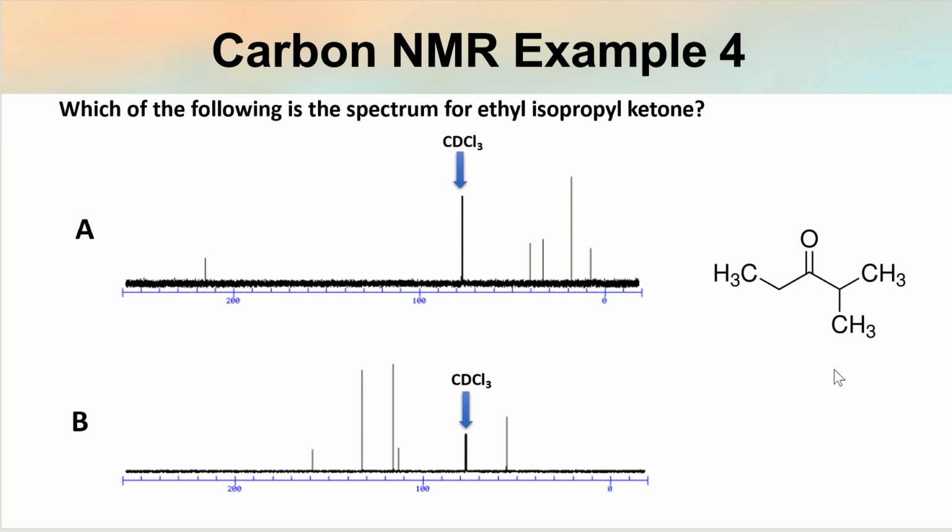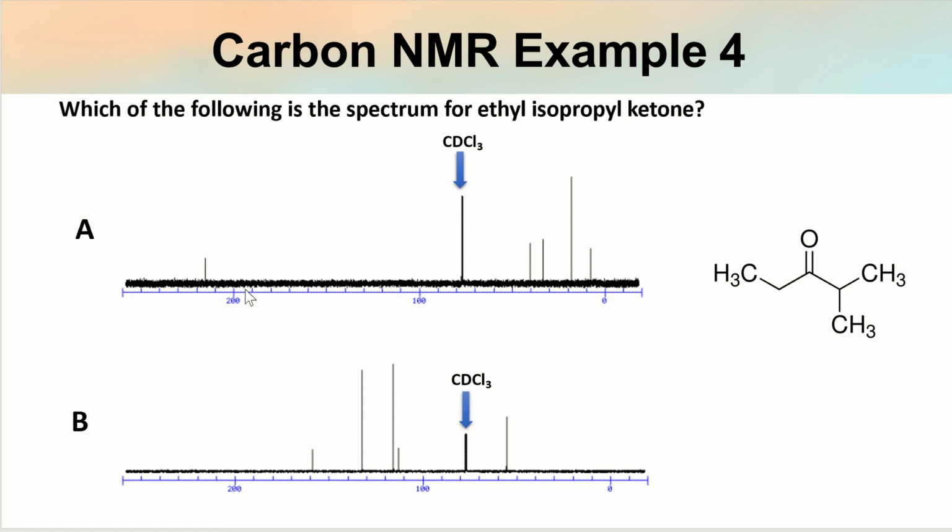We have a carbonyl peak here, or we should be expecting one. This is a ketone carbonyl, and we want to look at our table to see where that carbon would resonate, and I'm sure you will see 200 and something ppm.